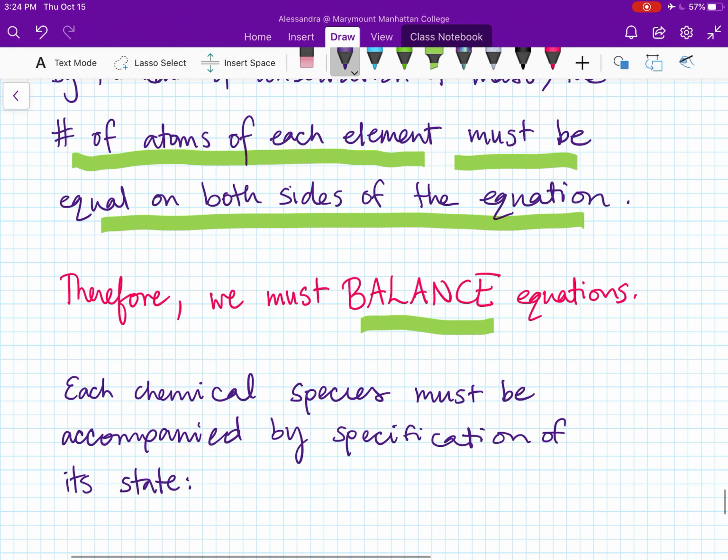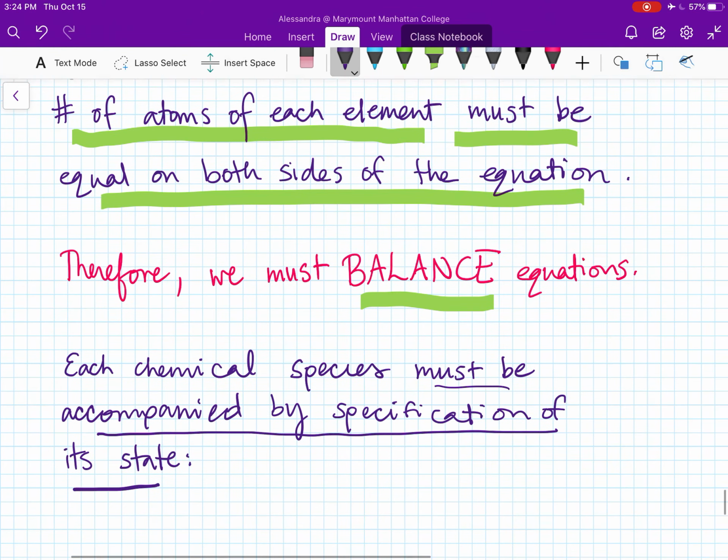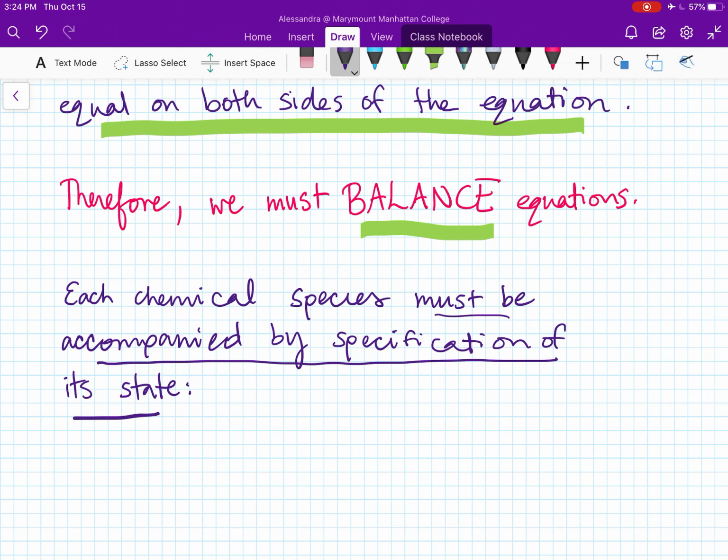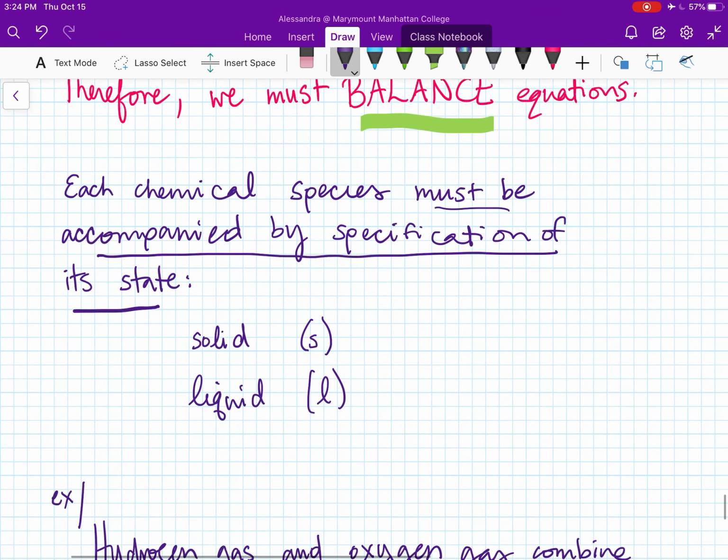First of all, every chemical species must be accompanied by specification of its state. And by state, I mean state of matter or phase of matter. There are only 4 phases of matter that we need to worry about here. Solid, which in a chemical equation you can denote with a lowercase letter s in parentheses. Liquid, which you can denote with a lowercase l in parentheses.